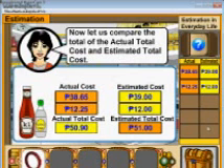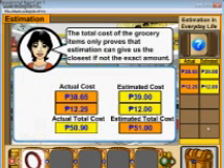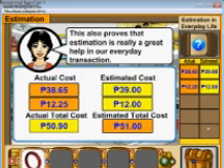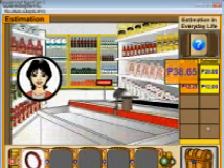Now let us compare the actual total cost and the estimated total. As you can see, they are very close to each other, right? Since the total cost of the grocery items proves that the estimation, if it does not give you the exact value, will give you the closest to the exact value.